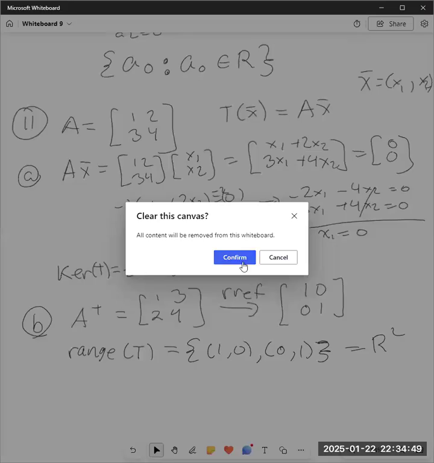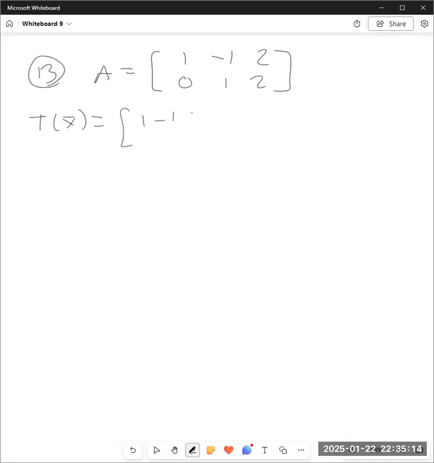Let's go ahead and look at number 13. It has an A of [1, -1, 2; 0, 1, 2]. So my T of x bar is equal to A times x.